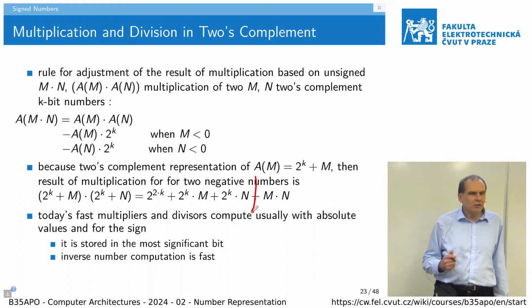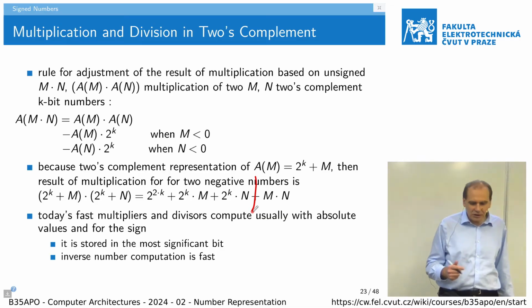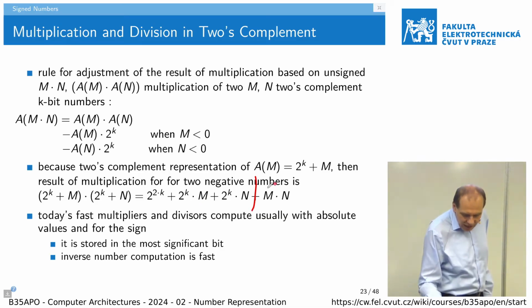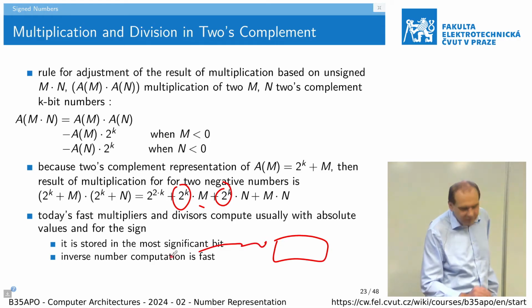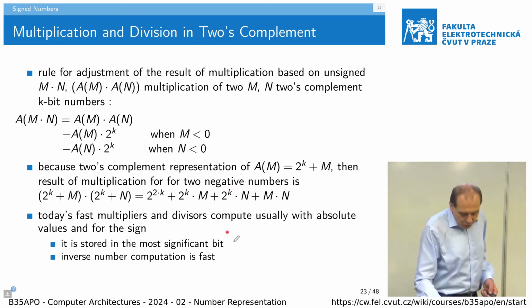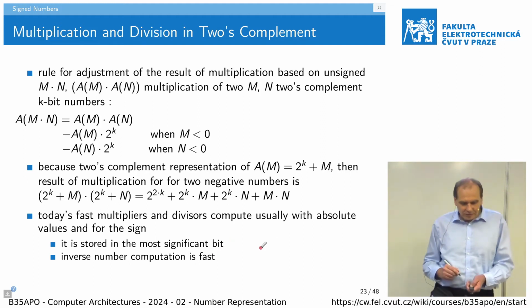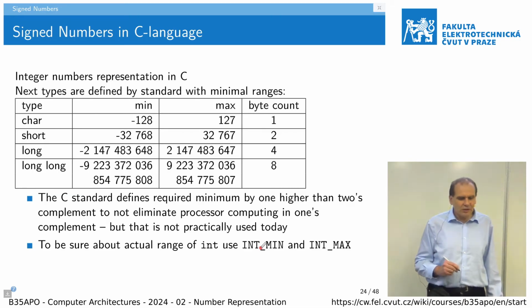If it doesn't overflow, then we can use exactly the same instruction, because that part which needs to be corrected in fact fits into the more, because it is multiplied by 2 to the power k, so for a 32-bit result it is somewhere here. The problem is if we want to detect overflow and so on, it starts to be a little more complex, but it is not so hard at the start.